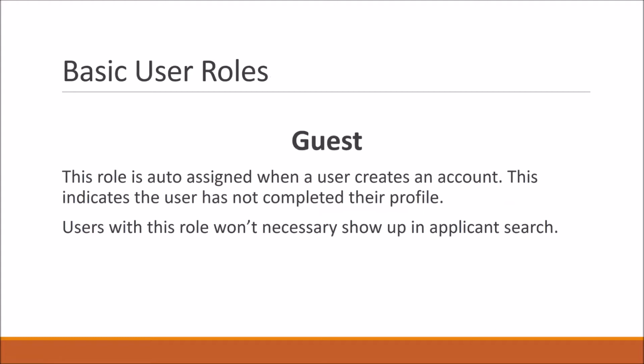However, if you've archived someone and you've chosen to delete their disclosure, when we delete a disclosure, we remove the role of applicant and put someone back to guest, because that's the one way to force an applicant to go back through that profile and ensure that they redo their disclosure.